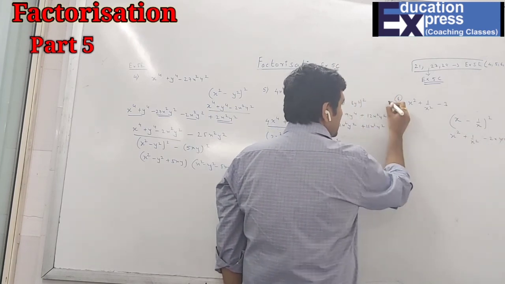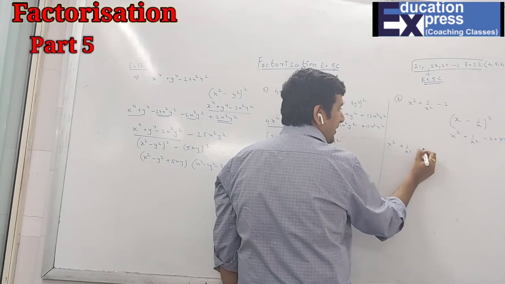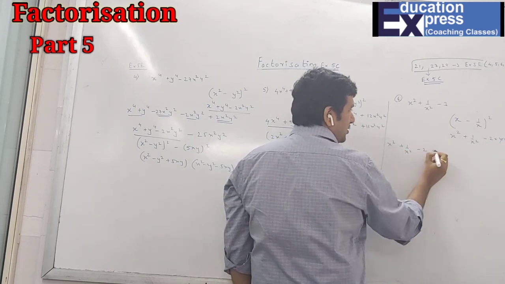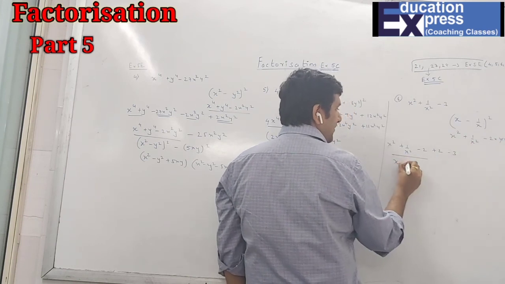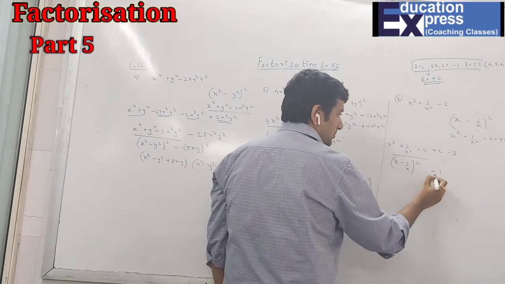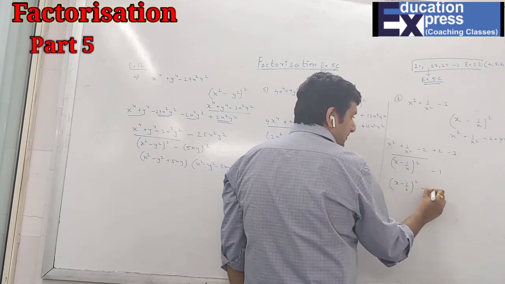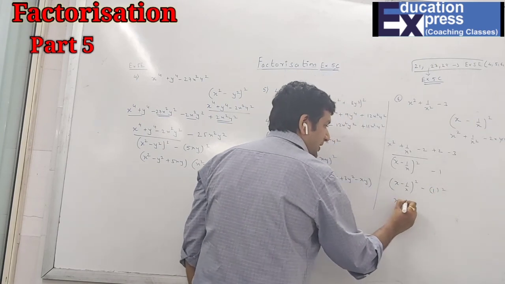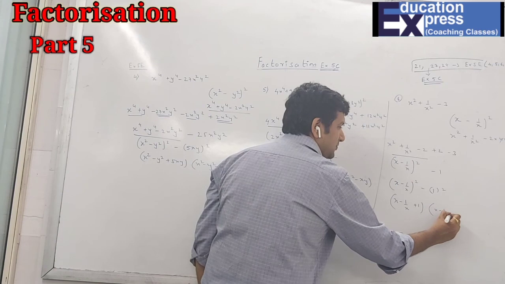So I write that as it is: x square plus 1 upon x square minus 2. Here minus 2 was extra, so plus 2, and what is left is minus 3. So this is a square for, and this is minus 1. So obviously (x minus 1 upon x) the whole square minus 1 the whole square, (x minus 1 upon x plus 1)(x minus 1 upon x minus 1).